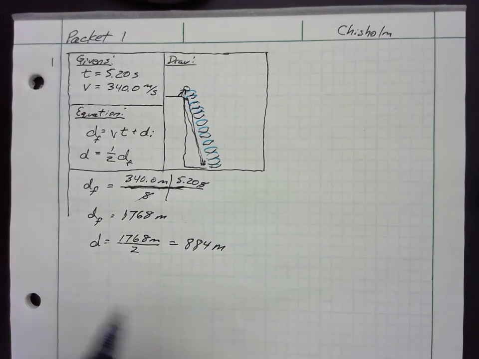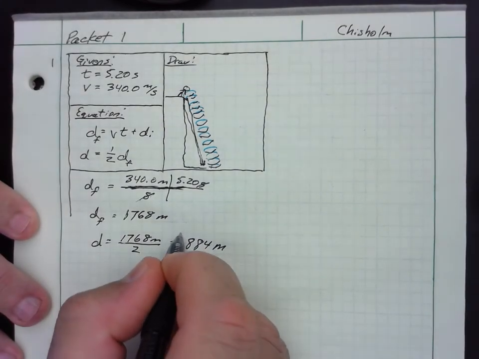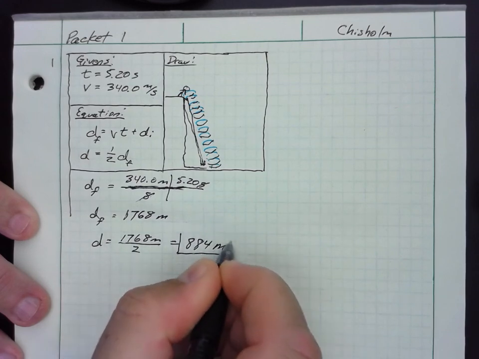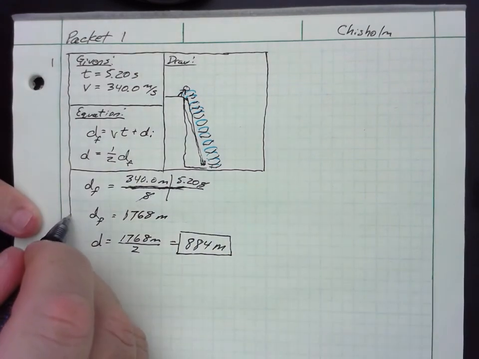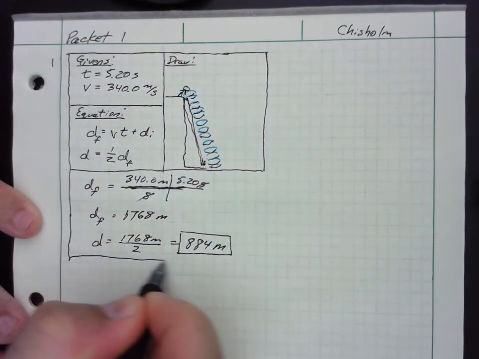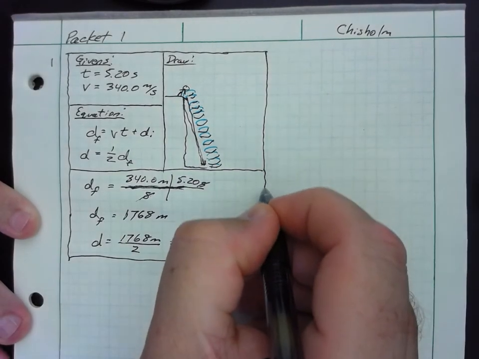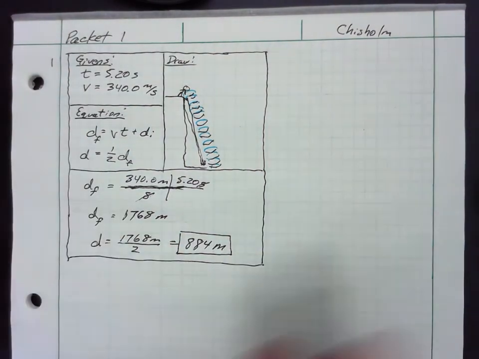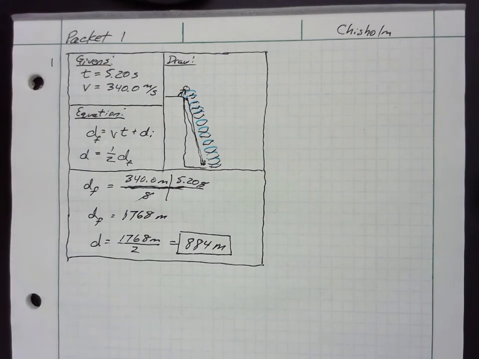So this is our distance right there. Now we close our box and then we move on to problem 2. All right, so there's your first problem, and good luck with the rest of them.